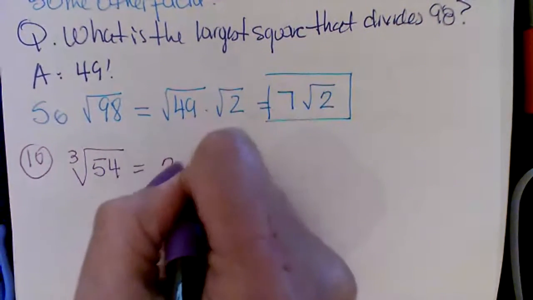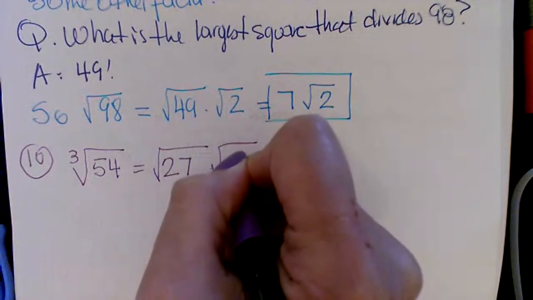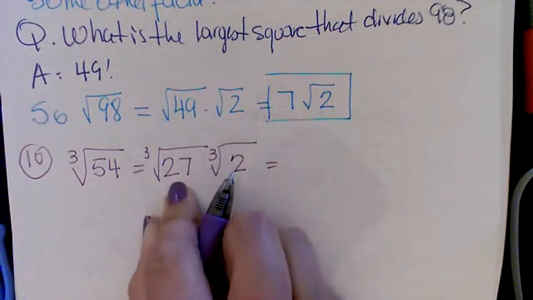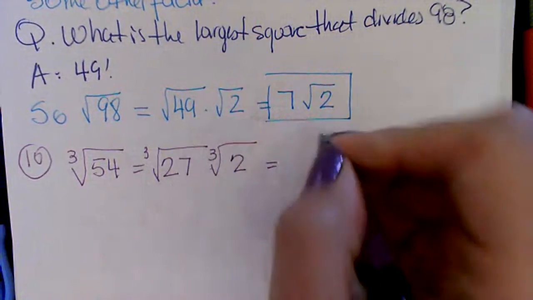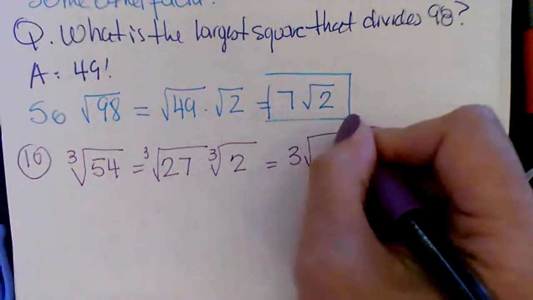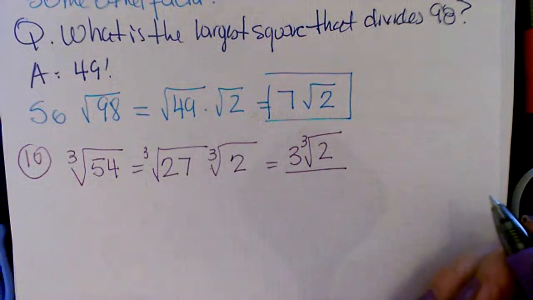That's going to be 27 times what? 27 times 2. And we know that the cubic root of 27 is 3. 3 times 3 is 9. 9 times 3 is 27. So that's going to be my answer.